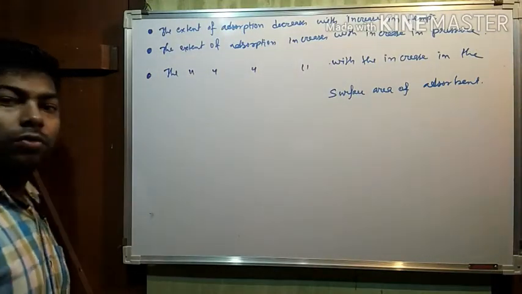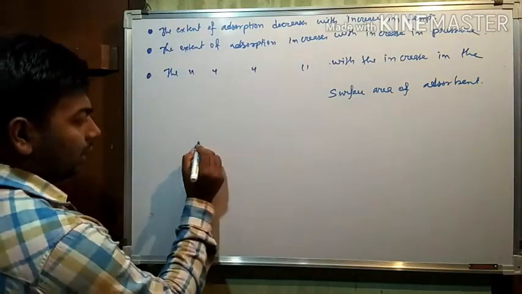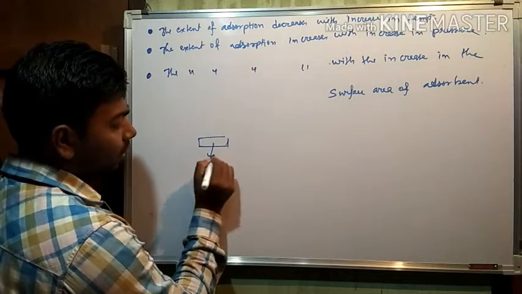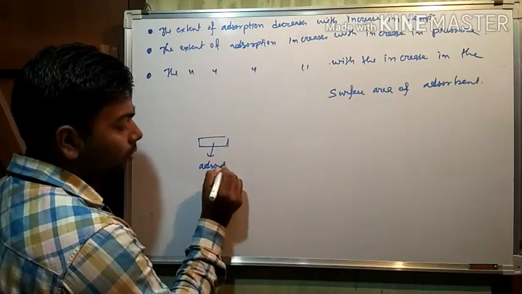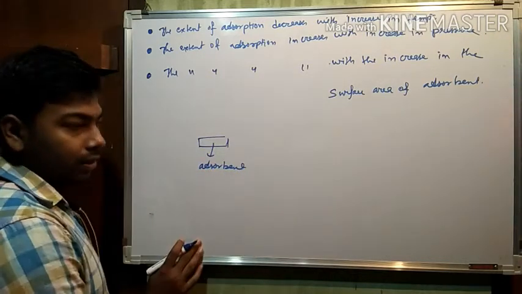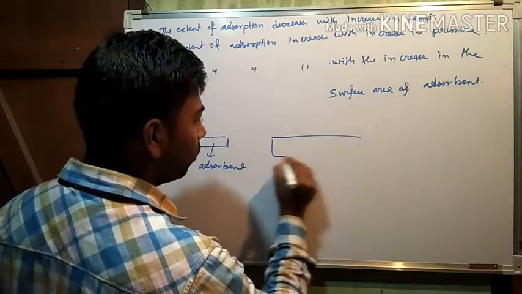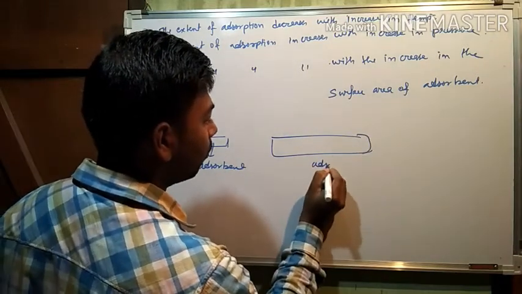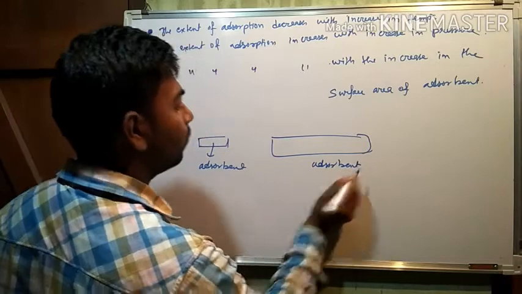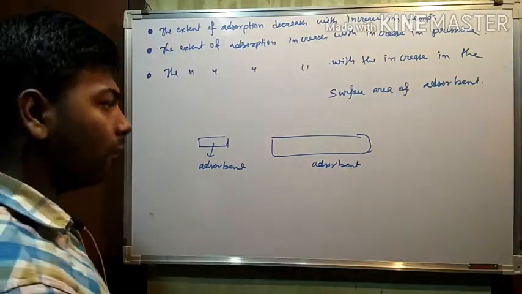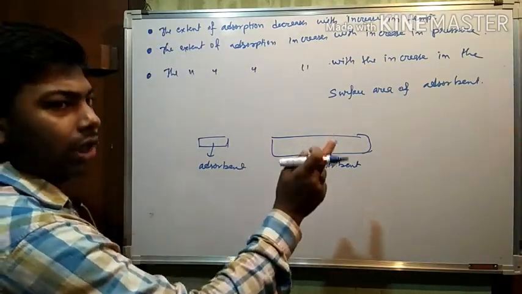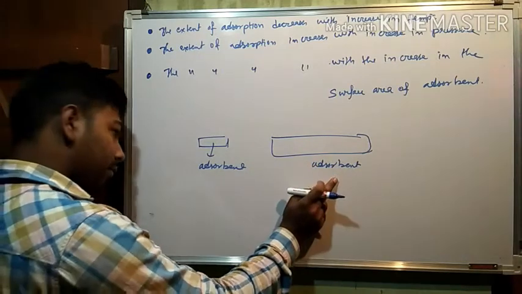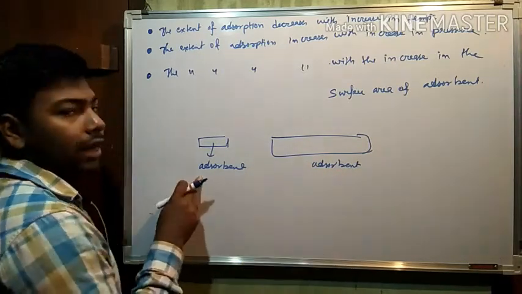How? We have to know how. Suppose let us take an example of an adsorbent, this one. Now here is another adsorbent. The surface area of the adsorbent in this case is higher than this adsorbent.